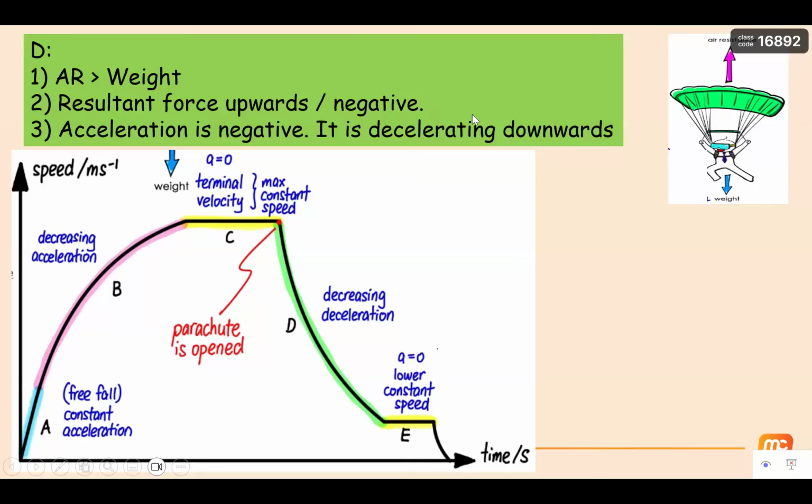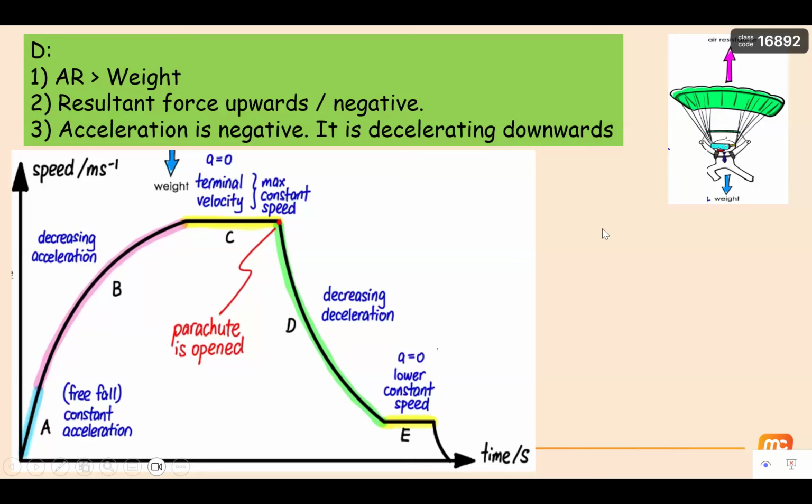With the resultant force being negative, the third part, we link it to acceleration. Acceleration will also be negative. But I am not moving up, I am moving down. So with acceleration being negative, it simply means in the downwards direction, it is decelerating. It is accelerating upwards, but it is decelerating downwards. So at this point of time, you will see it decelerates. Decelerates means that the speed decreases.